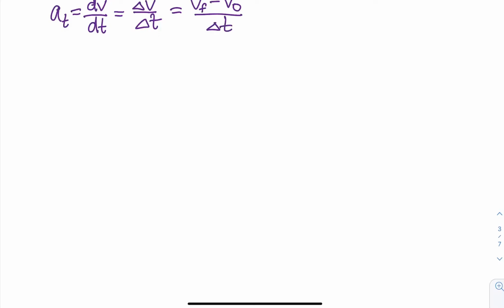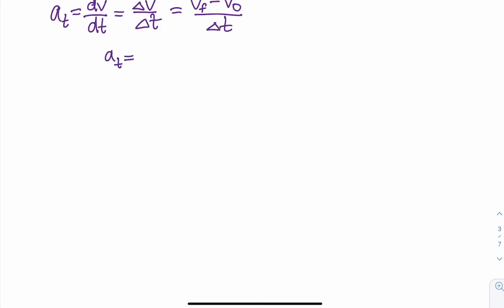Let's talk about constant acceleration kinematic equations. So, now that we've discussed that acceleration is in fact, instantaneously, the derivative dv/dt, and on a larger scale that's delta v over delta t. Well, that means that (vf minus v naught) over delta t is going to be equal to a.